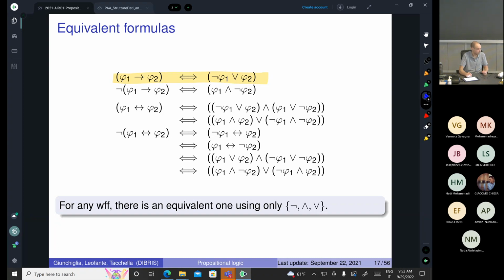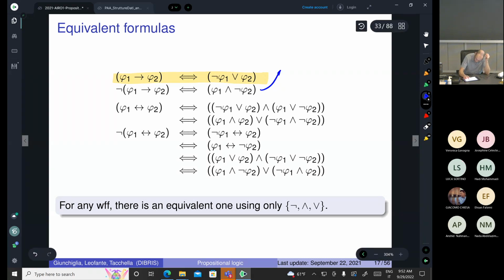Okay, so the only assignment that falsifies phi1 implies phi2 is not phi1, sorry.